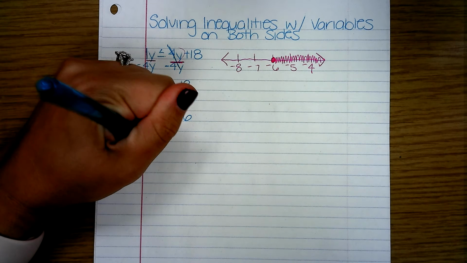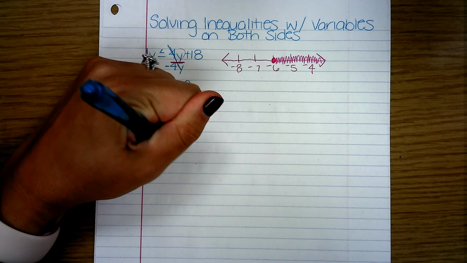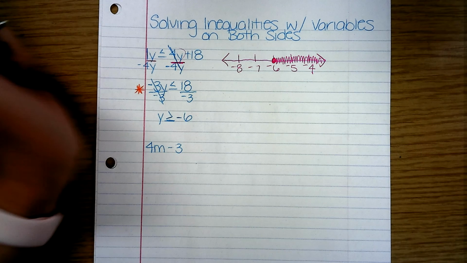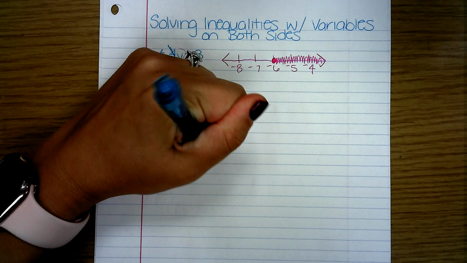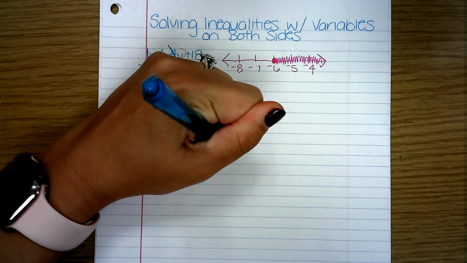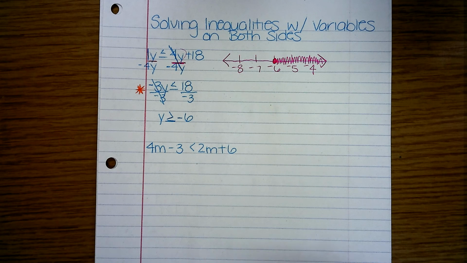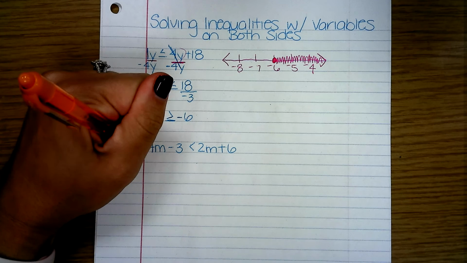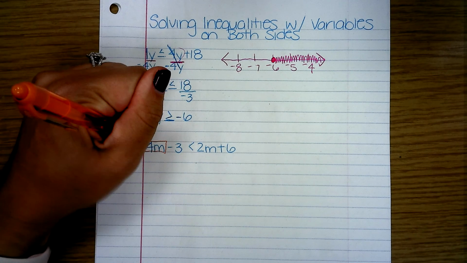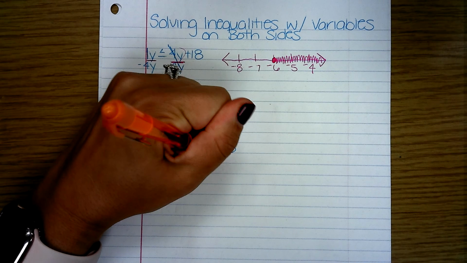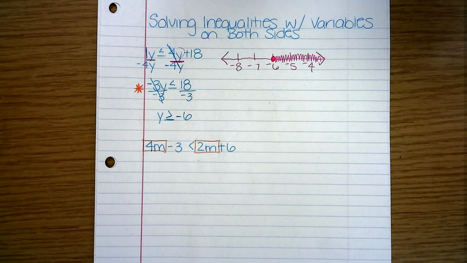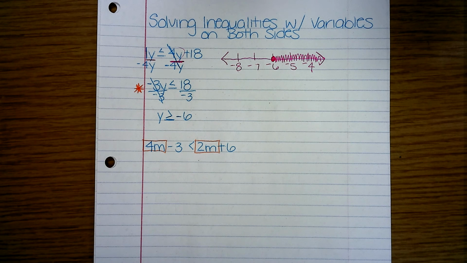We have 4m minus 3 is less than 2m plus 6. I see my variable 4m on the left side of the inequality right here, and I have a variable 2m on the right side of the inequality right there.